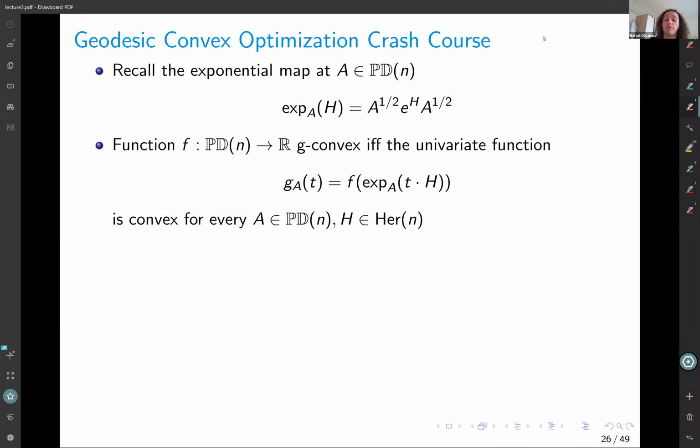Note that the function g_A is a function from the reals to the reals, right?